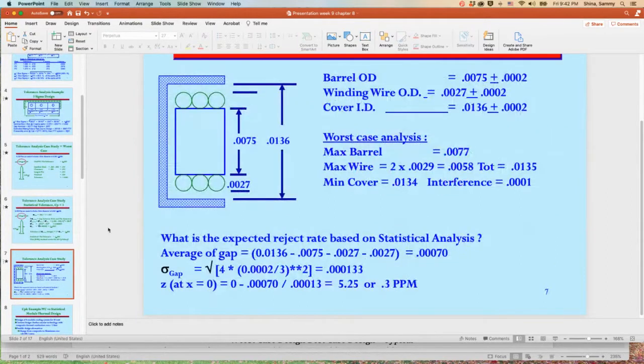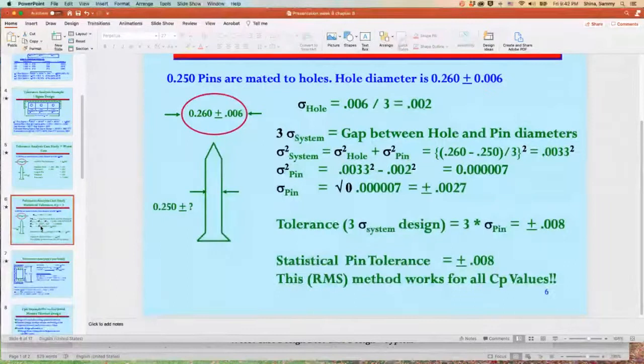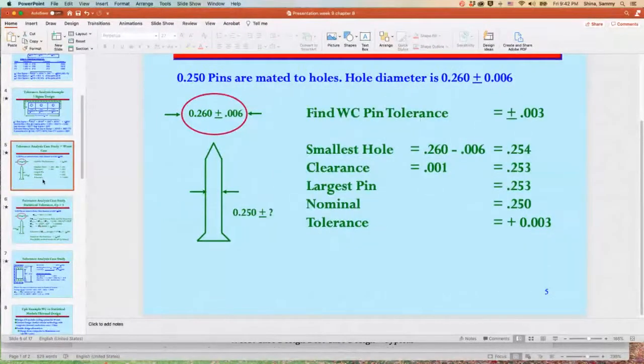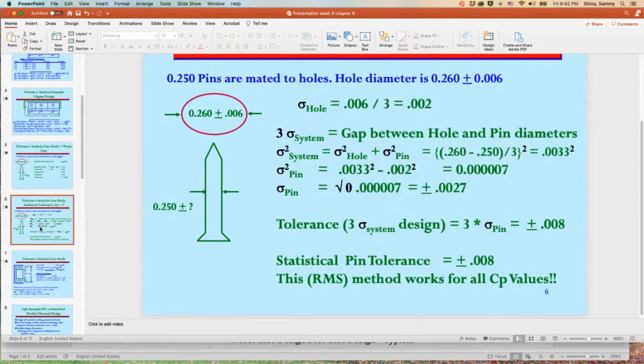Okay, so the difference here is that in the worst case analysis, we're looking at maxes and mins, right? We're looking at the differences between maxes and mins. When we do statistical tolerance analysis, we're looking at nominals between the pin and the hole. We're always looking at the difference in nominals, and then we're looking at some kind of reject rate based on the z-curve.